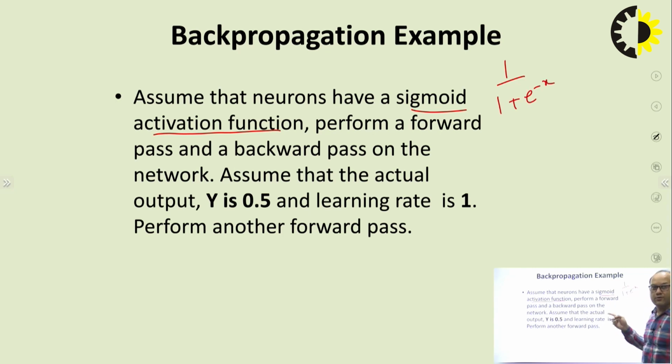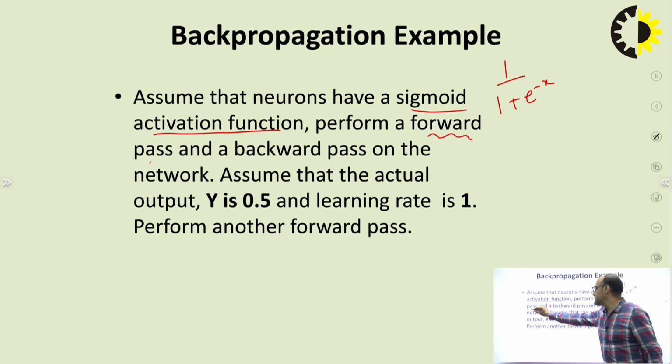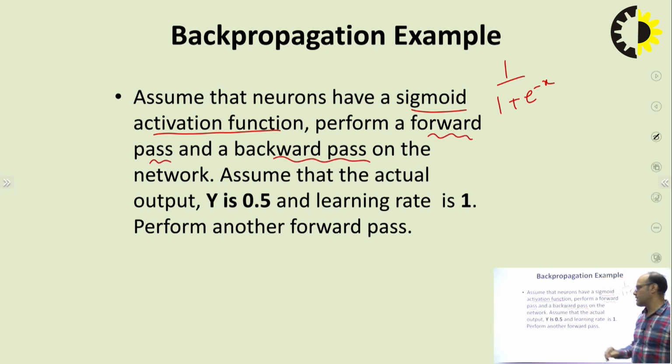We have to perform a forward pass and a backward pass on the network. Assuming the actual output is given as 0.5, using the algorithm we will calculate the output. If there is any difference, then we will do a forward pass again. The value of eta is given as 1, and we have to perform another forward pass. This is the question.